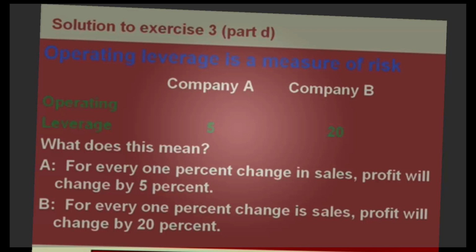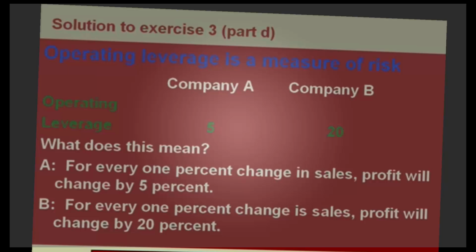For B, for every 1% change in sales, profit will change by 20%. So, if sales go up 1%, the profit increases 20%. That's a good side. The bad side is if sales drop 1%, the bottom line profit drops 20%. So which is more risky?